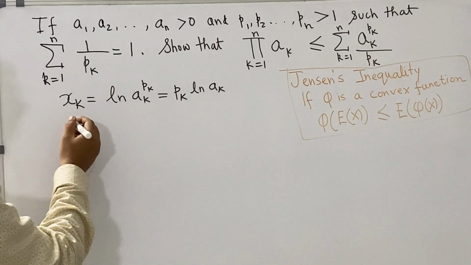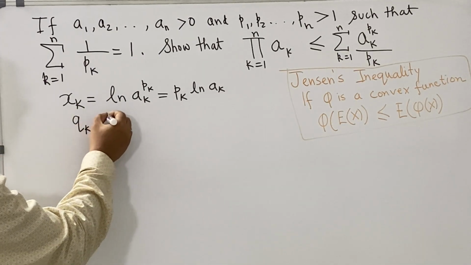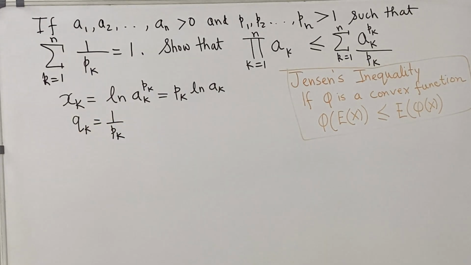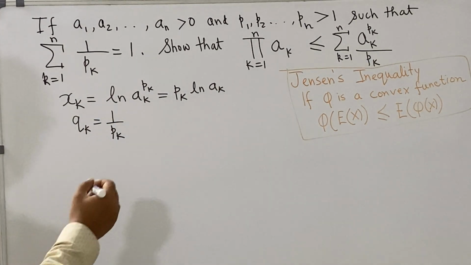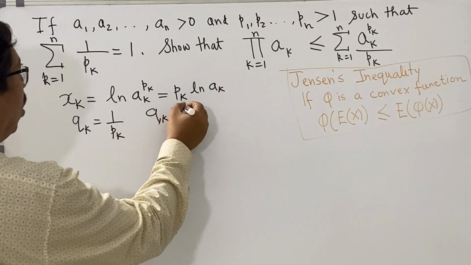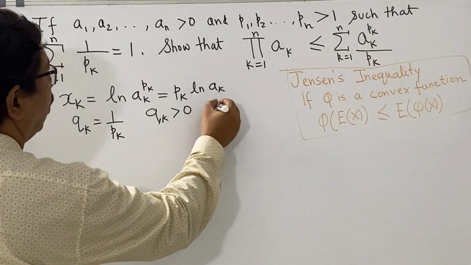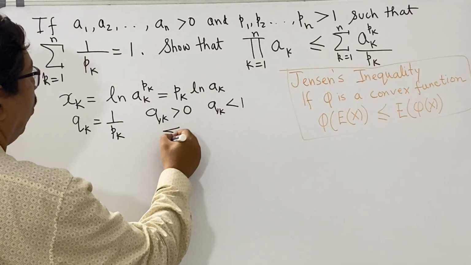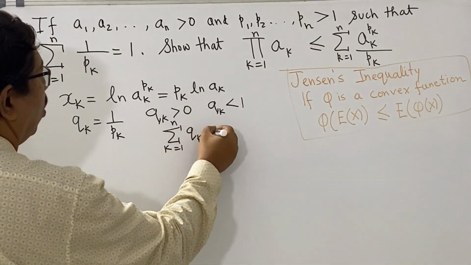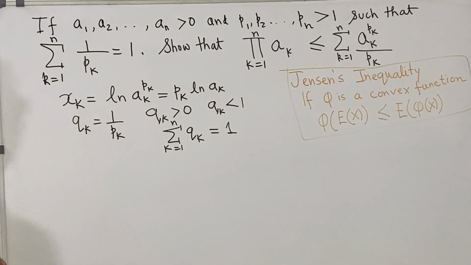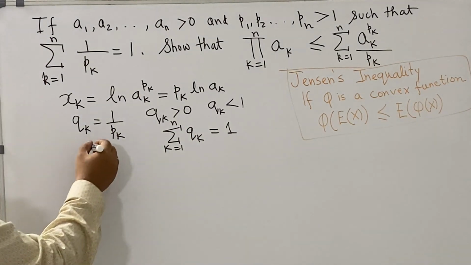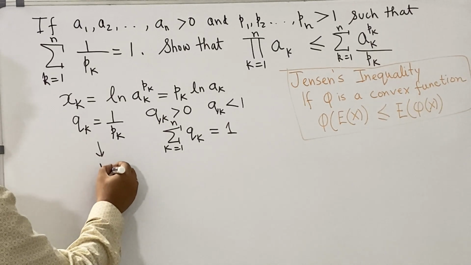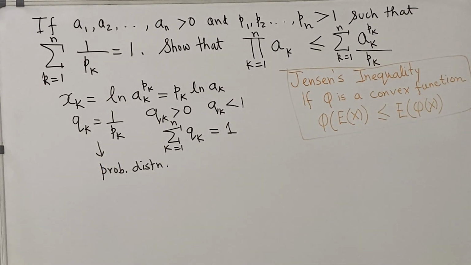If I call qk as 1 by pk, then each of these qk's is strictly positive, each of them is also less than 1, and the sum of these qk's is equal to 1. So the qk's form a probability distribution. This is an important thing to note because we want to use Jensen's inequality.